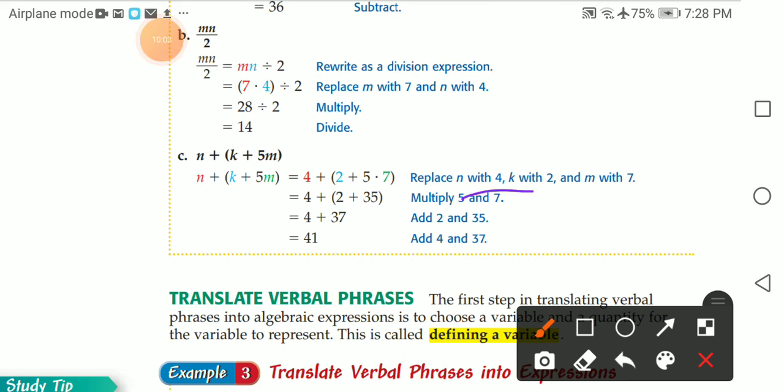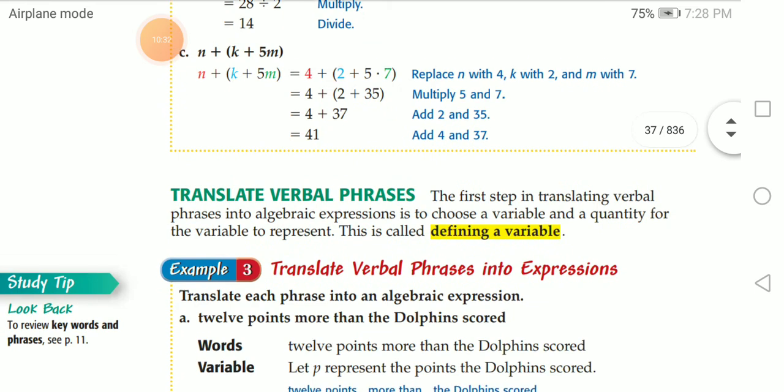Then solve for the brackets. So 2 plus 35 gives you 37. Then do the addition. It gives you 41. And 5 times 7, you solve for this one first also because it's inside the brackets, don't forget.